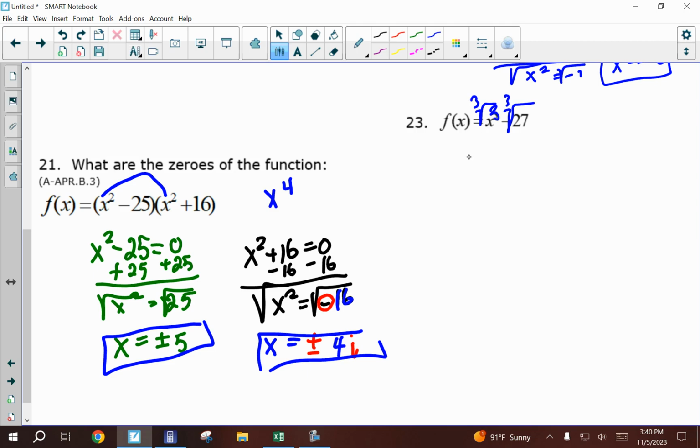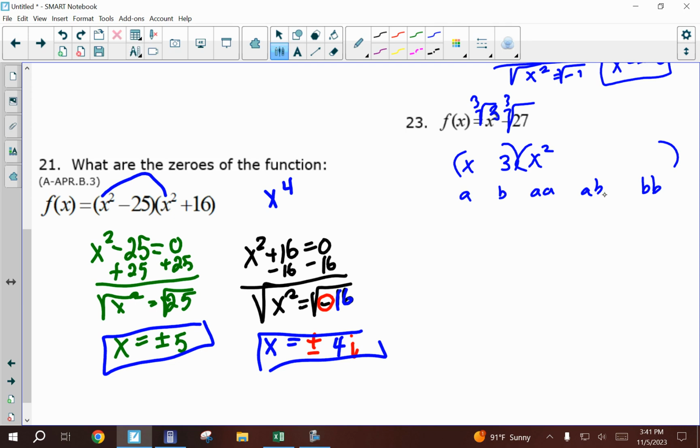So this guy right here, this is just going to be x, and then this one over here is just going to be 3. So using the formula AB, AA, AB, BB, all we have to do is follow this format. So A times A would be x times x, so this is x squared.